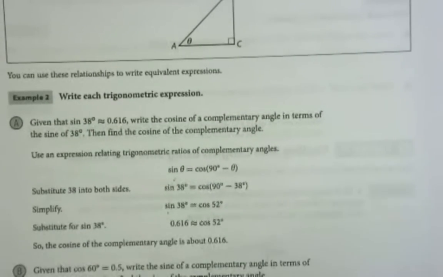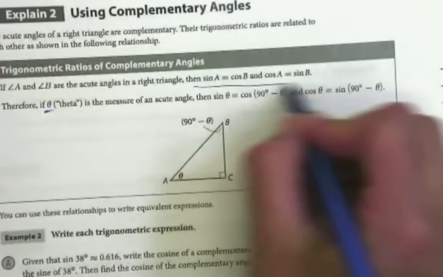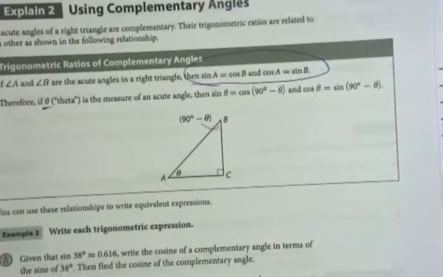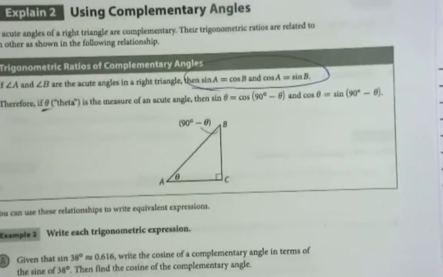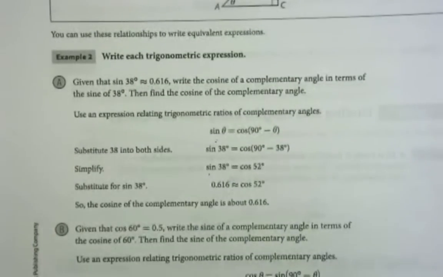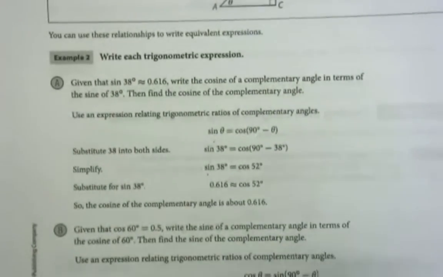Same idea here. I'm given that the cosine of 60 is 0.5. I'm trying to find the sine of the complementary angle. Well, this is true. Remember that the sine of one angle equals the cosine of the other. But let's go ahead and fill in their blanks. I'm going to substitute 60 in.